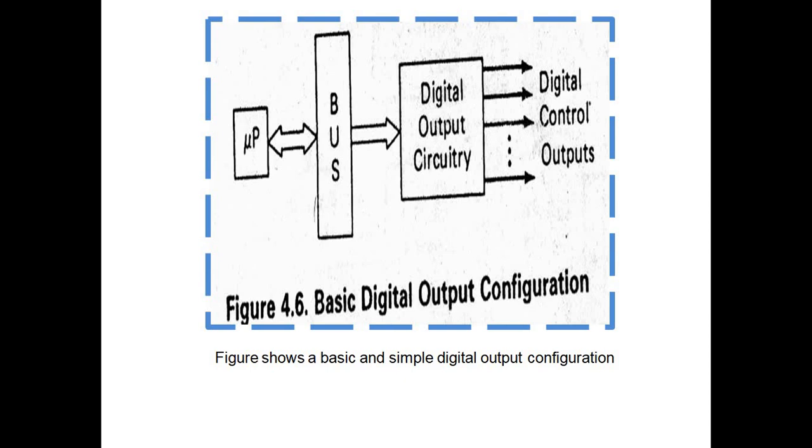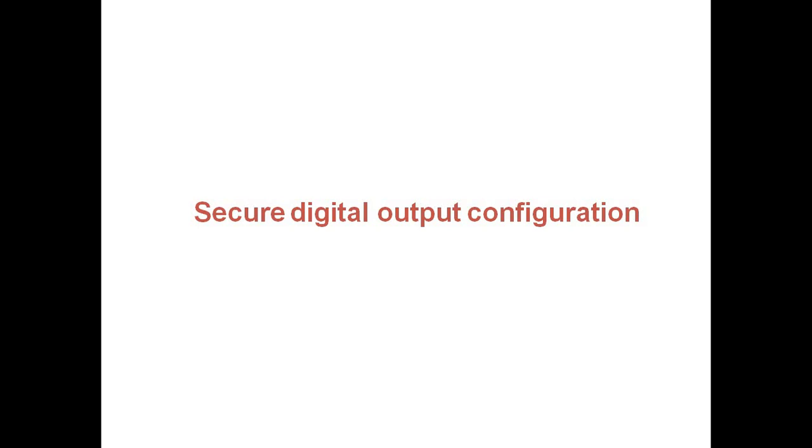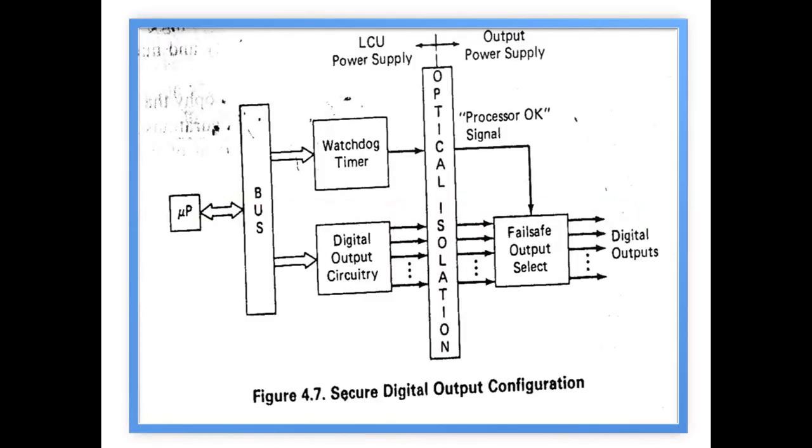And the basic digital output configuration: microprocessor, bus and digital output, digital control output. So it is a basic, simple digital output configuration. And then the secure digital output configuration: microprocessor, bus and watchdog timer, then digital output circuitry, output power supply, optical isolation, fail-safe output select, then digital output.